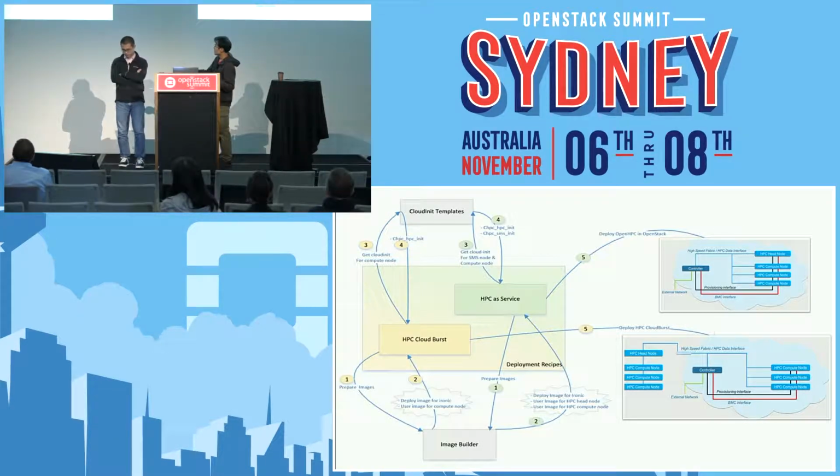The second phase is about deploying the image with Ironic, for both the Cloud Burst and the HPC as a service scenarios. So basically, it's about provisioning the bare metal nodes from the images that we have built in the previous phase. And the last phase is about configuring the OpenHPC environment. So it will give users a consistent interface, no matter whether you want to do a Cloud Burst scenario or the cloud-based scenario.